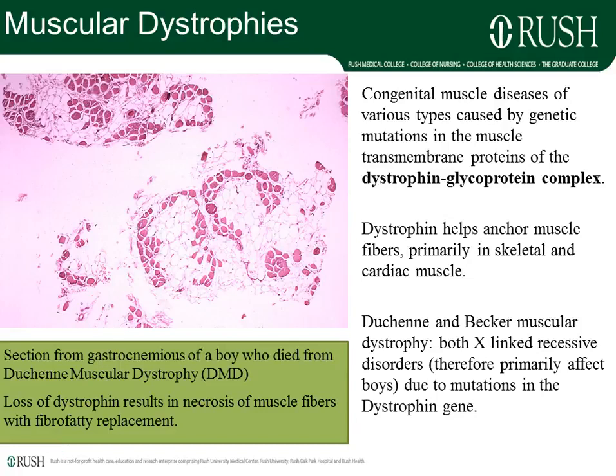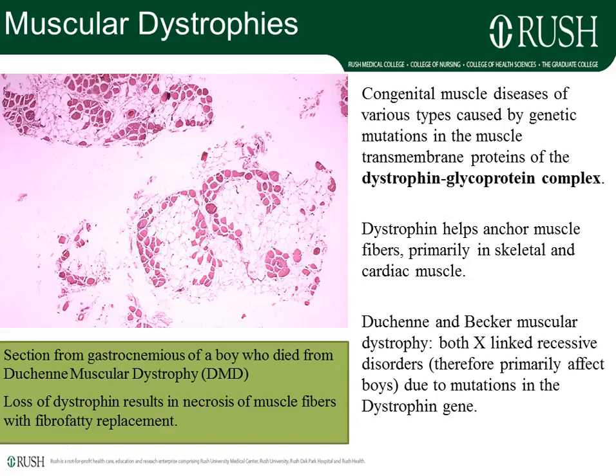So there are congenital muscle diseases caused by genetic mutations in the muscle transmembrane protein dystrophin glycoprotein complex. Dystrophin is something that helps anchor the muscle fibers, primarily in skeletal and cardiac muscle.